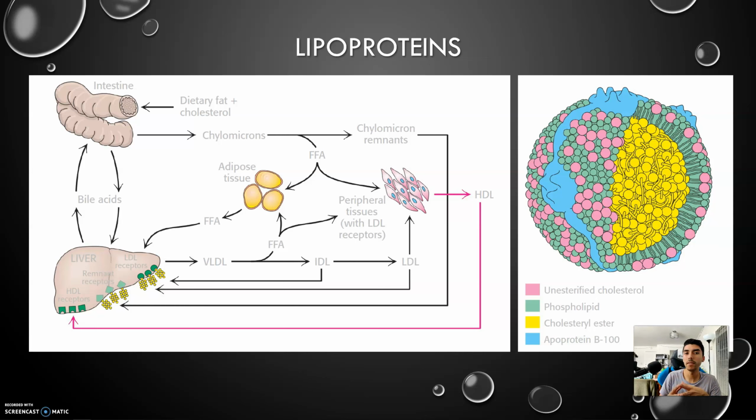If this happens, this is what contributes to cardiovascular disease, to heart attacks, possibly even to strokes. This is the issue that we are presented with in people who have high cholesterol, as excess cholesterol in the liver contributes to increased levels of LDL and VLDL.